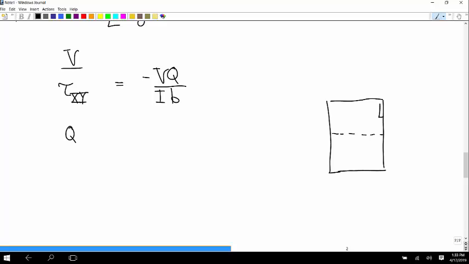Our line of interest is here, and so this is the area. So we're going to have to figure out the centroid of that area and then calculate the distance from the neutral axis to the centroid of that area. The centroid is going to be up here somewhere. And then our D is going to be this distance.